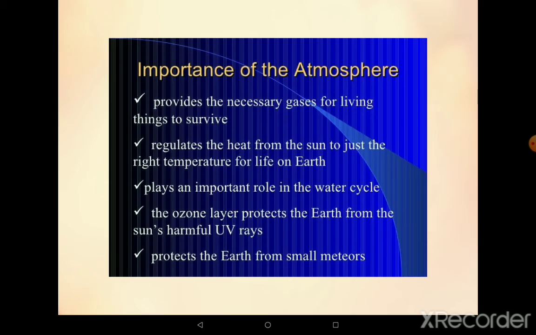And the atmosphere protects the earth from small meteors, because when they enter the mesosphere, the meteors get burned.